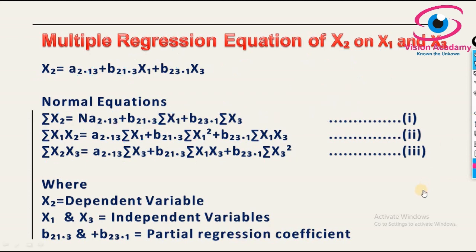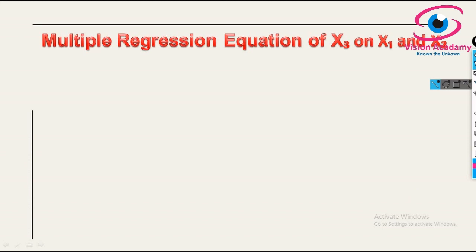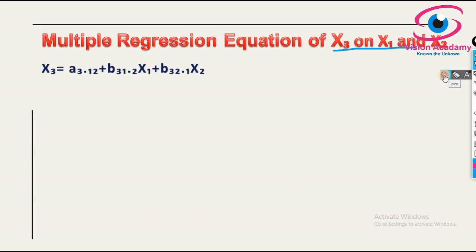So let us see the last combination, that is summation x3 with x1 and x2. The basic equation of this is the same. Here we have considered the dependent variable as x3, so we will consider the other two variables, x1 and x2. Here I have considered the multiple regression coefficient, with the other two as independent variables.